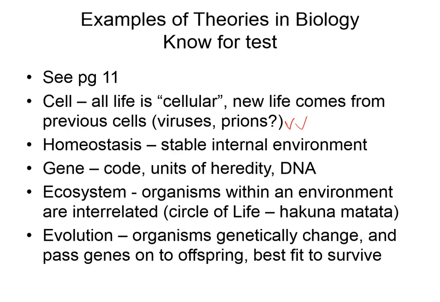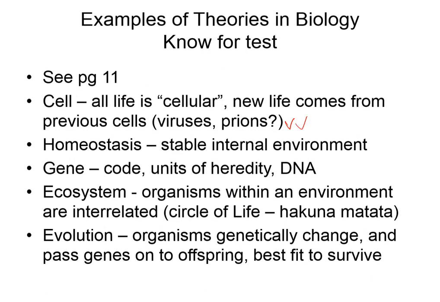Then we have homeostasis theory, which deals with the stable internal environment. So if someone asks you, give me the homeostasis theory, you just say it's a theory that deals with stable internal environment. Someone says, give me a gene theory. So when you say a gene theory, you just say it's a theory that deals with codes and units of heredity or DNA.